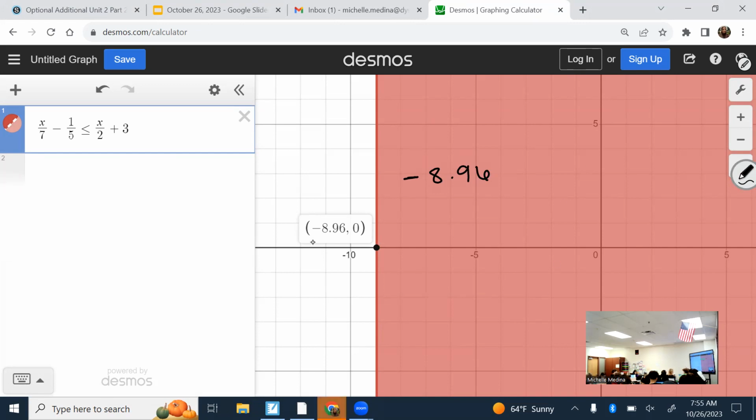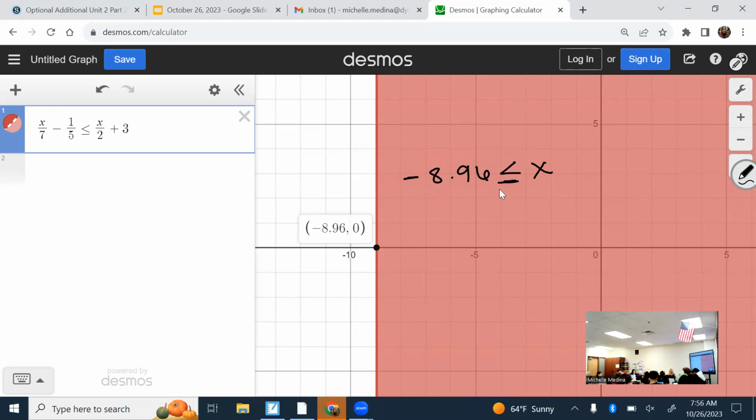Use these numbers as an example: is -5 or 0 greater than -8.96 or smaller? So then the opening should face the x, and it should still be equal to, because it was a solid line going through it. So I don't know what we did wrong in the math. I'll have to really look at it, but let's just go from there. This is how you can verify in Desmos what it is.